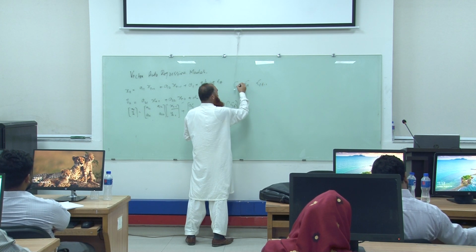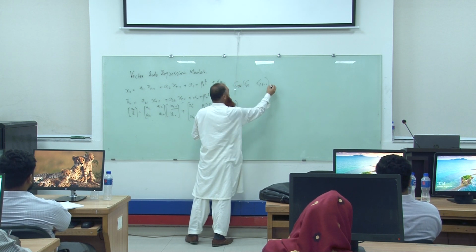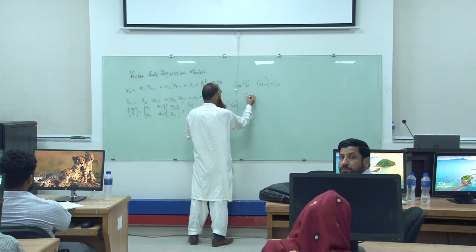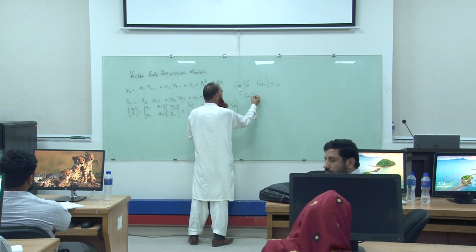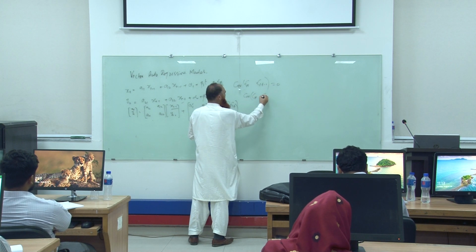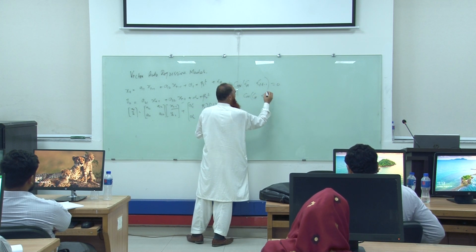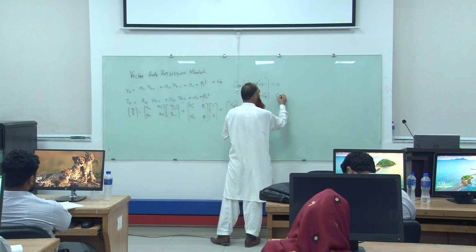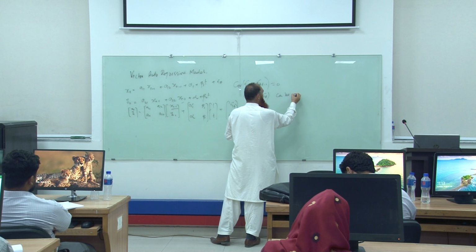So covariance of these two should be 0. But suppose you have covariance of epsilon 1t and epsilon 2t, and then there is no restriction on this. This can be non-zero. And it often happens that this is non-zero.